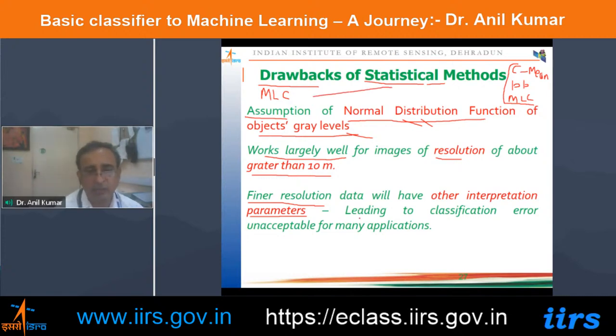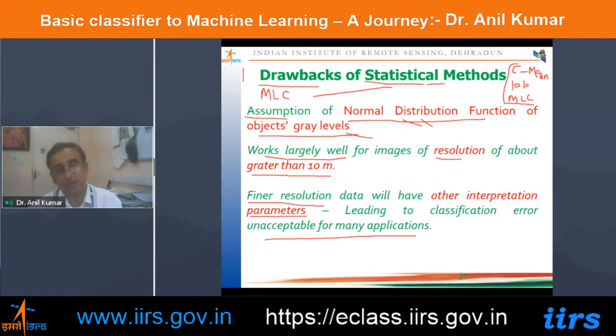And if you try to do that, the classification error will be unacceptable for many applications, because in high or very high resolution images of say pixel size 0.3, 0.4, 0.5, if you are trying to map buildings or built-up areas, individual objects are dominating. There can be roads dominating, buildings, residential or industrial buildings, some structures in the lawn or parking areas, or in the different parks.